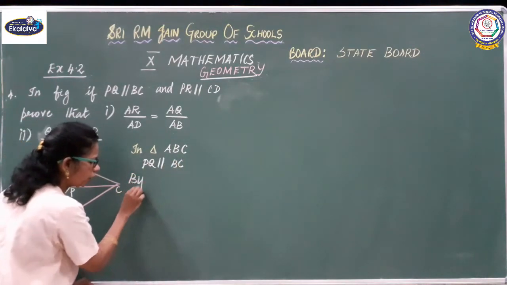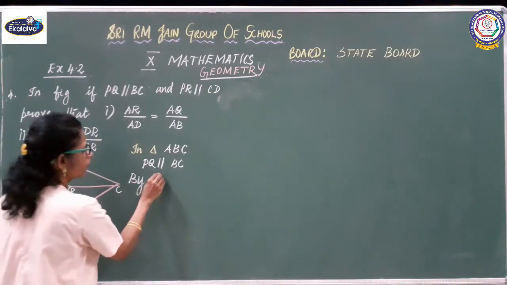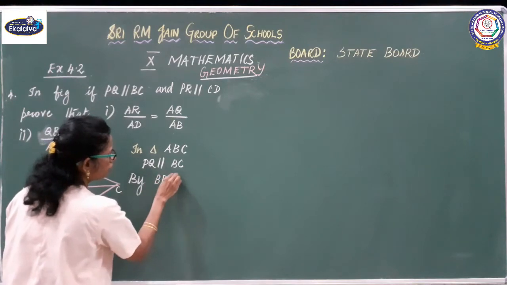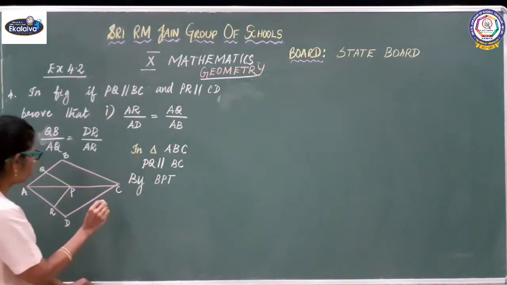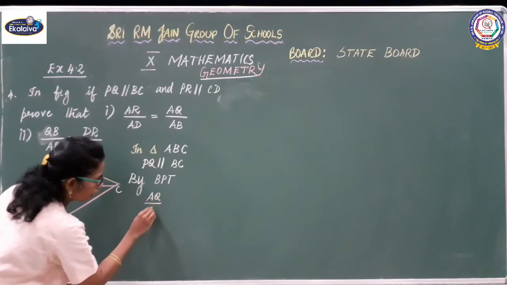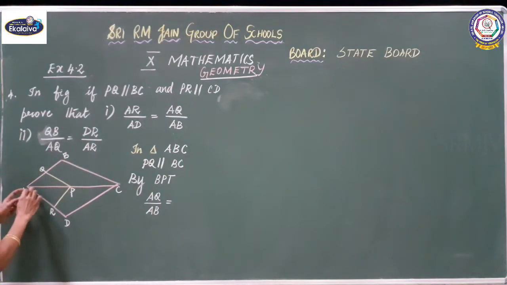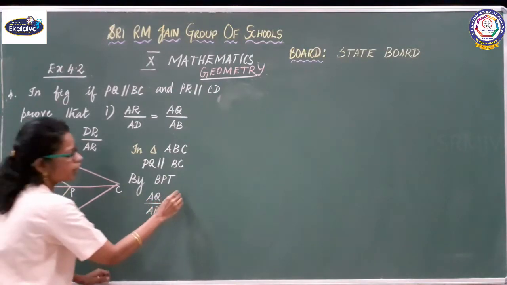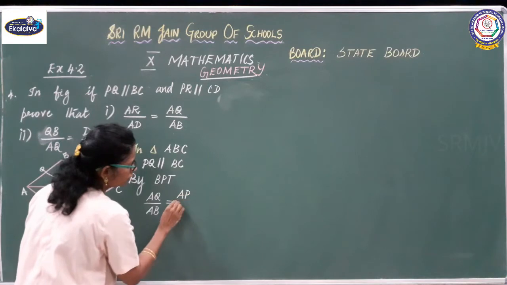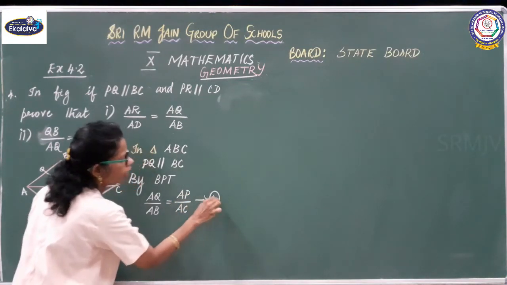By BPT, that is the basic proportionality theorem or Thales theorem, what can you write? AQ divided by AB equals AP divided by AC. That is equation number 1.